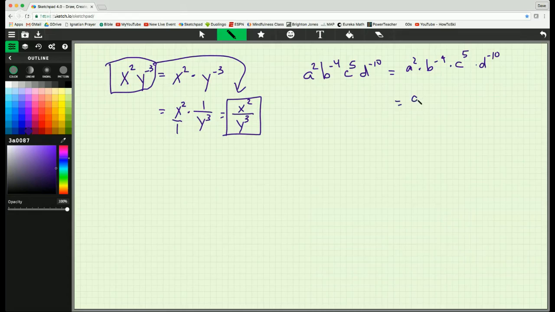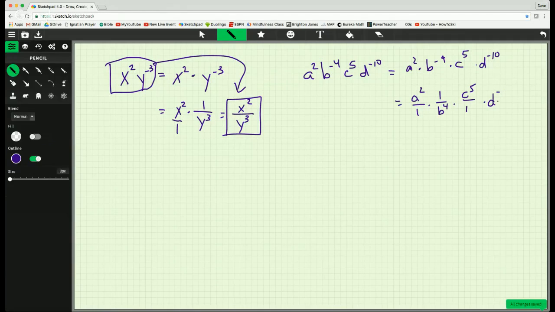And that's equal to a squared over 1 times 1 over b to the 4th times c to the 5th over 1 times 1 over d to the 10th. And if we just multiply all our numerators, we get a squared c to the 5th over b to the 4th d to the 10th.